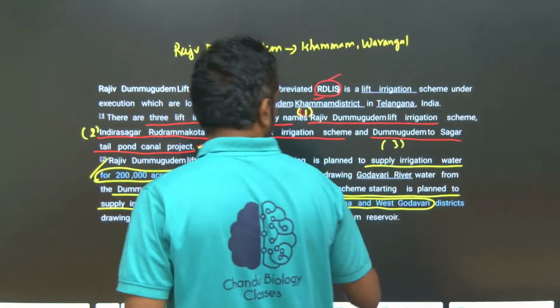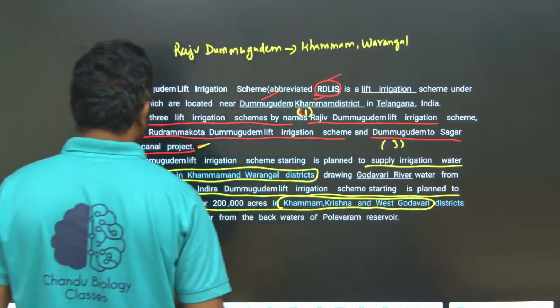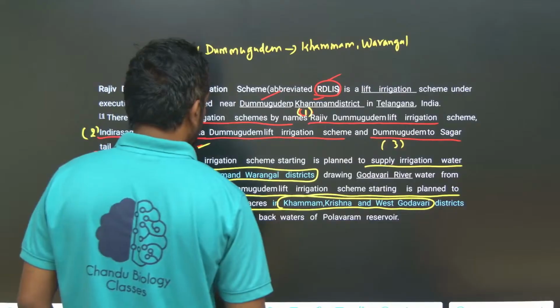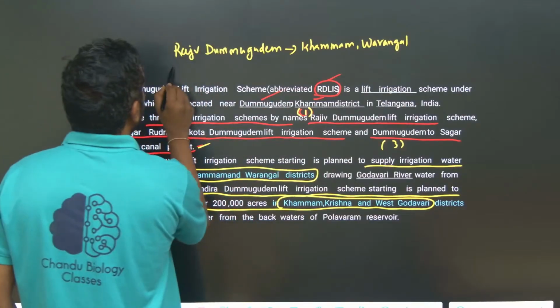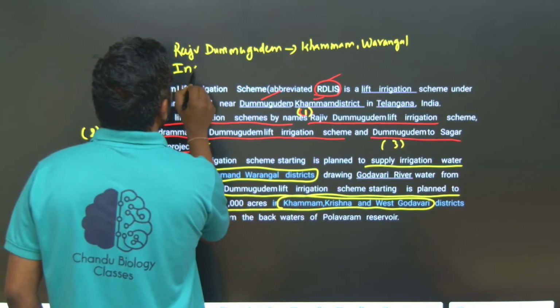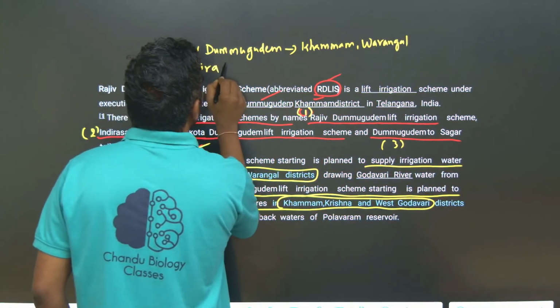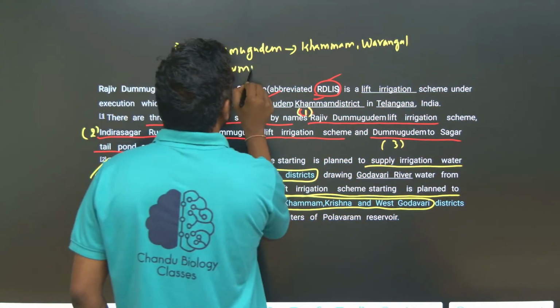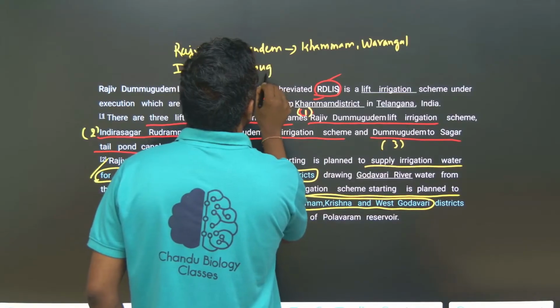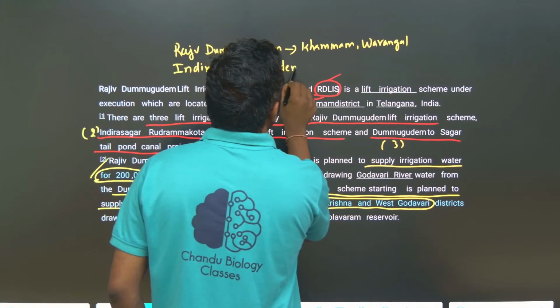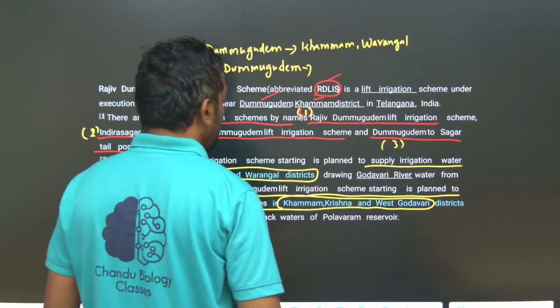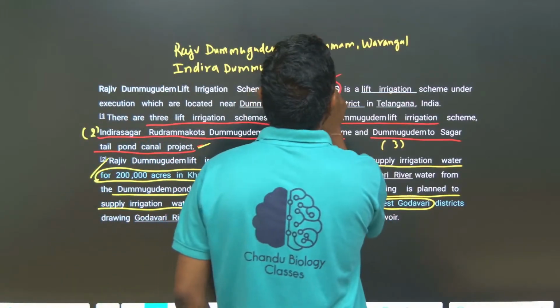And next, Indira Dummagudem lift, the districts are Khammam, Krishna and West Godavari.